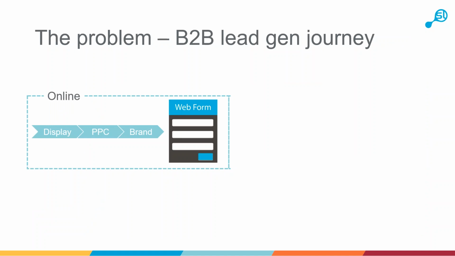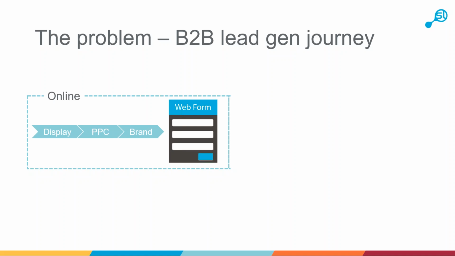This is an example journey for a business-to-business lead generation company. A typical path might look like a display interaction. Somebody's clicked a paid search and come to the website on that. And then finally, somebody has Googled the brand and then filled in a web form on that final session.